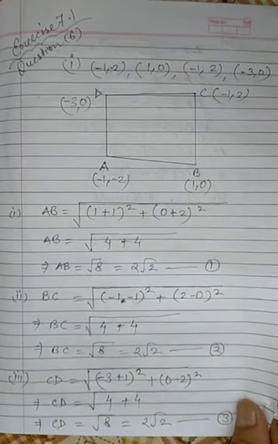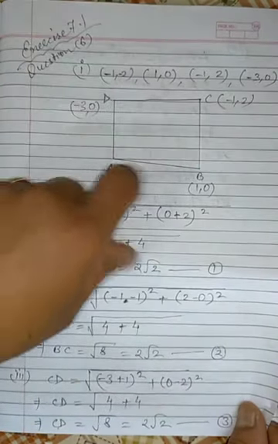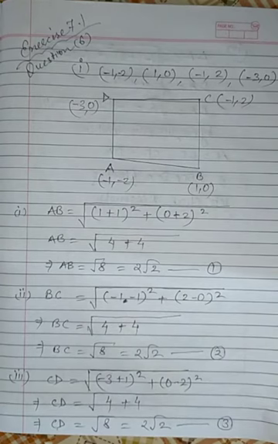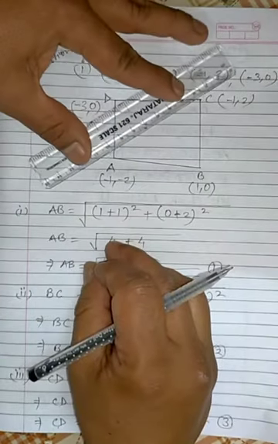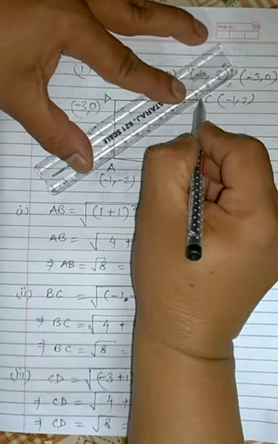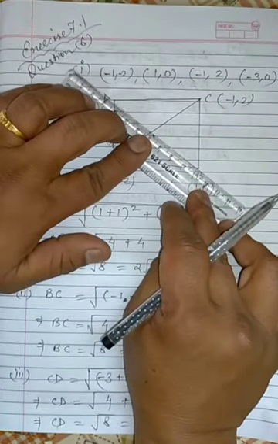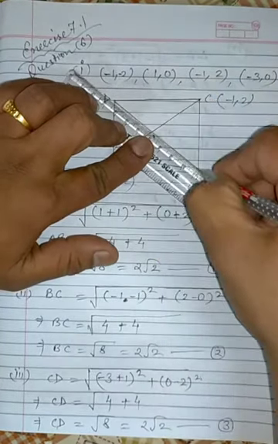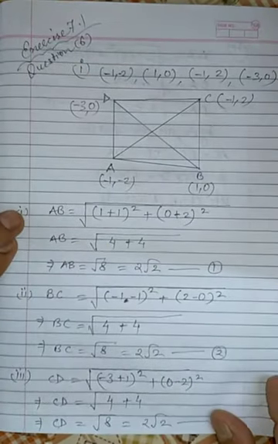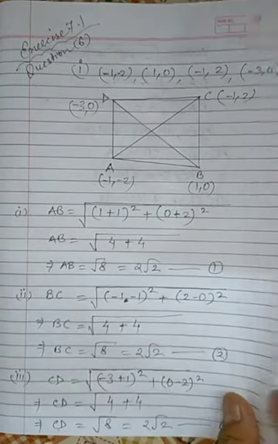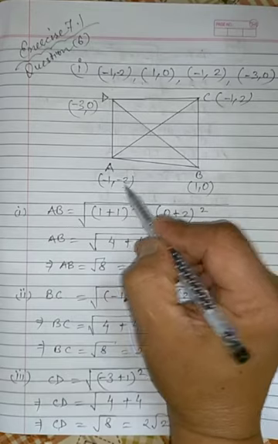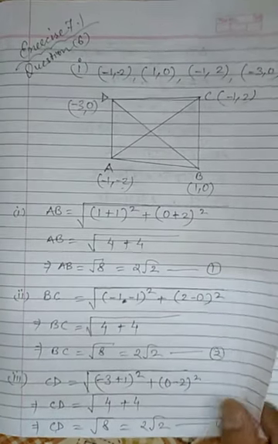In our quadrilateral, the diagonals are AC and BD. We find them by the distance formula. First for AC, this one as (x1, y1) and this one as (x2, y2).